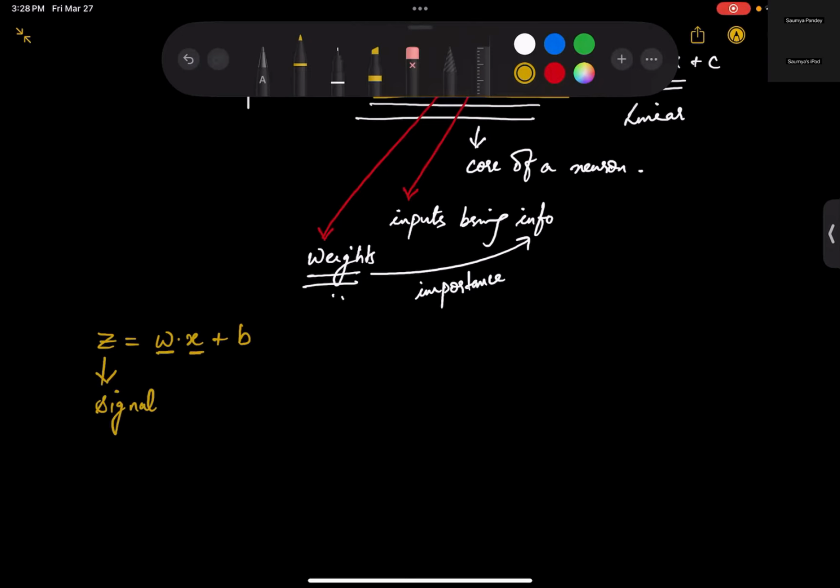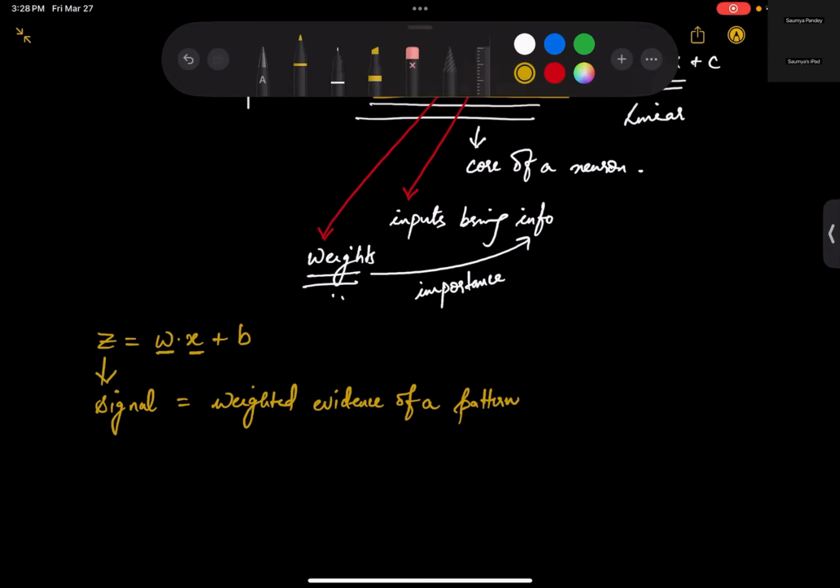So this is, we can say, weighted evidence of a pattern.